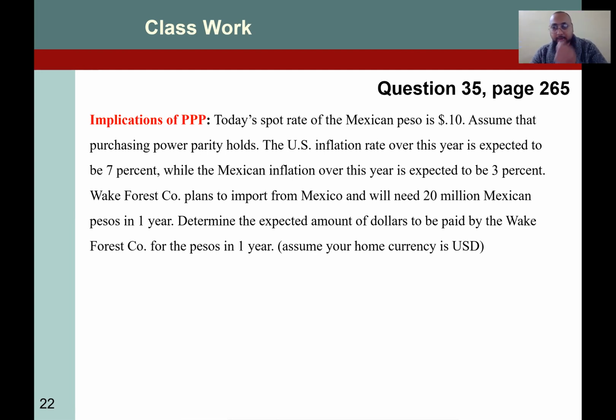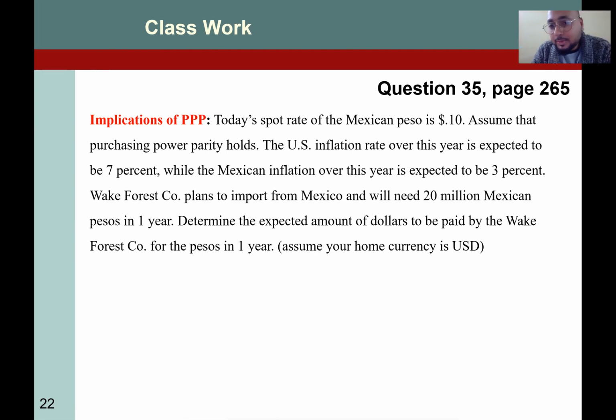So let's talk about the implications. This is a question from your book, question 35, page 265. Today's spot rate of the Mexican peso is $0.1. Assume that purchasing power parity holds.